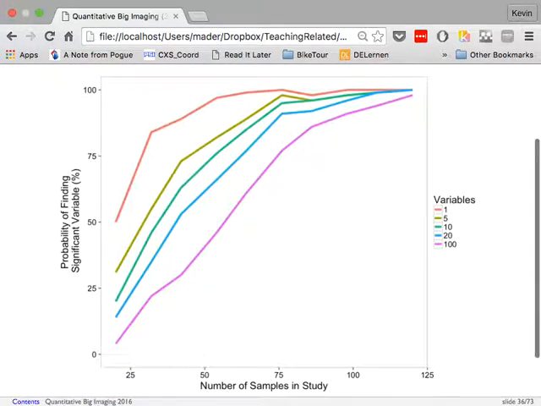If you then take this and look at the number of different variables you have, this is your probability of finding a significant variable based on the number of variables you have and the number of samples. And so this is taking this sort of fixed 10% difference that we had before. And if you have one variable, then with 25 samples or so, you have over a 50% chance of actually showing this difference.